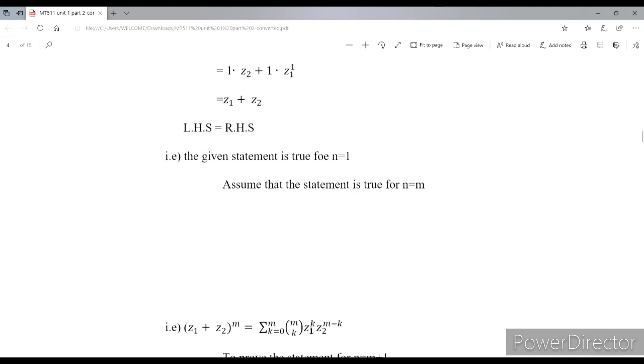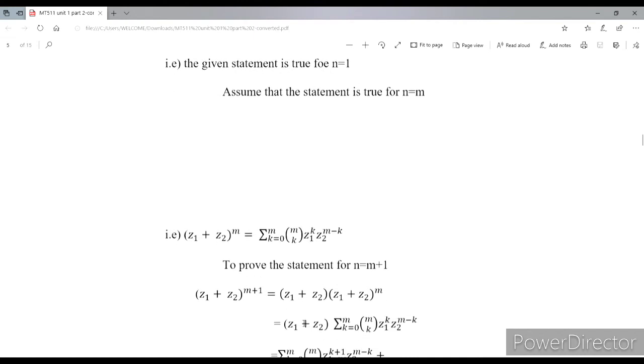Assume that the statement is true for n equal to m. That is, we assume that (Z1 plus Z2) power m equal to summation k varies from 0 to m, mCk Z1 power k, Z2 power m minus k.